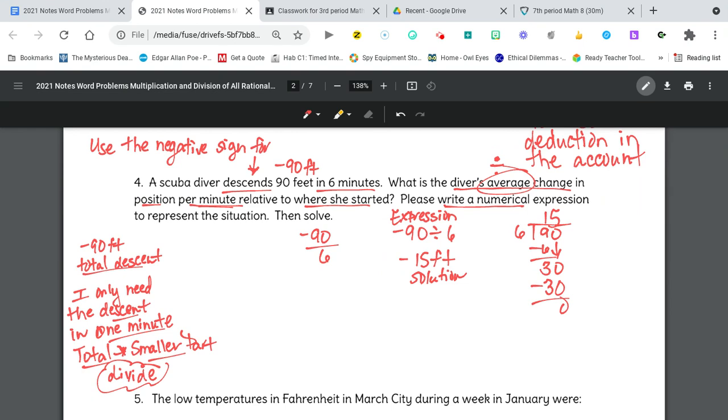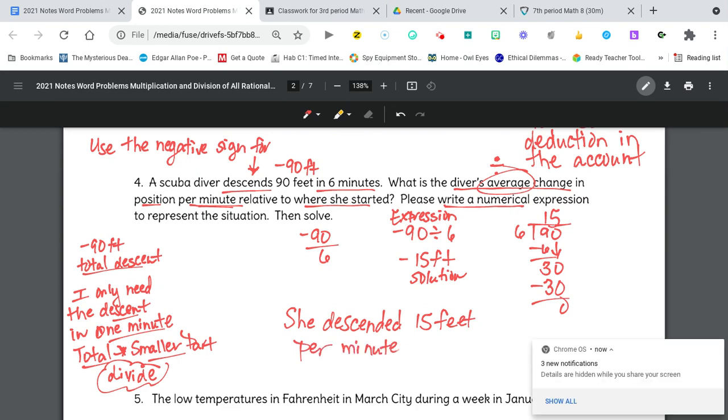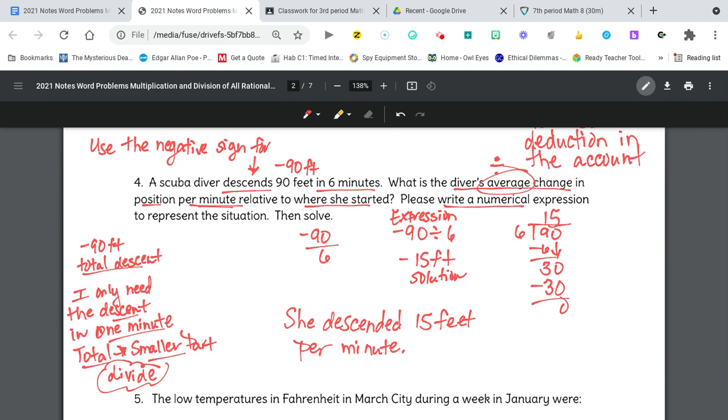Because somebody's going to say, well, she descended 15 feet per minute. She did. She went down 15 feet every minute. But the word descended will indicate that it's negative. But if you just write a number and you don't use the word descended, you have to put a negative for the word descended.